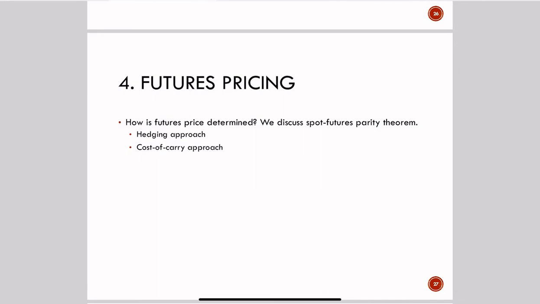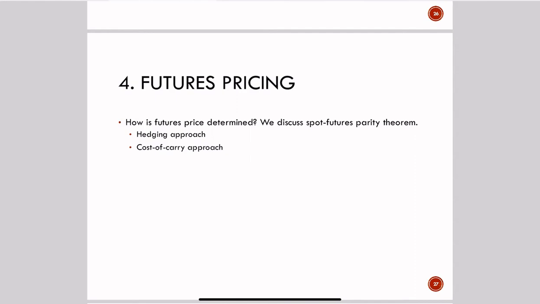You can buy it today and store it until the future, or you could buy this commodity in the future. And these two approaches should give you the same payoff. So the cost of carry approach is based on this idea.